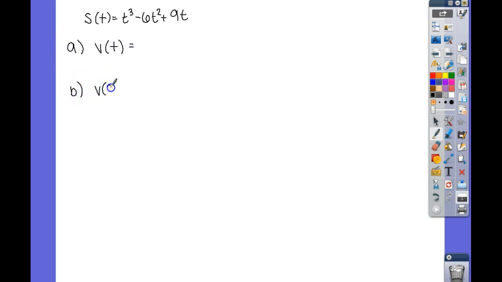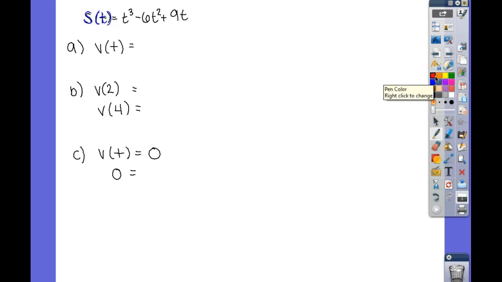Everybody good to check A, B, C? Okay. So velocity, power rule says 3t squared minus 12t plus 9.